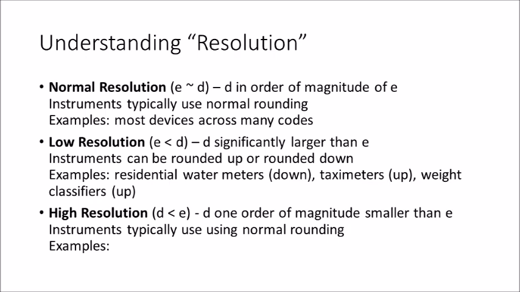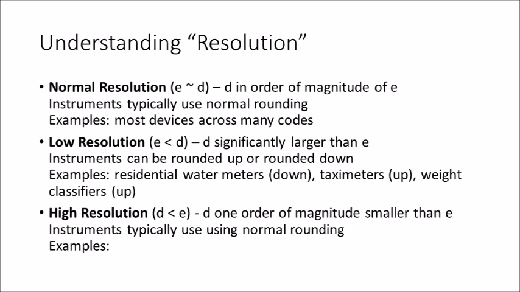Instruments of normal resolution typically use normal rounding. And of course, we can look at examples throughout the codes, and most of the devices in most of the codes are normal resolution, normal rounding.